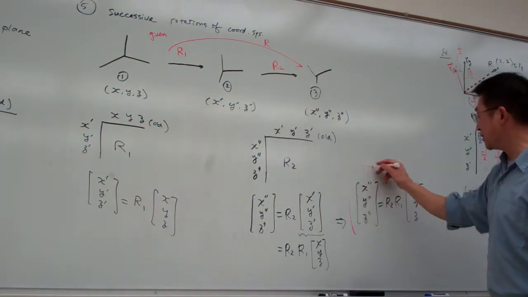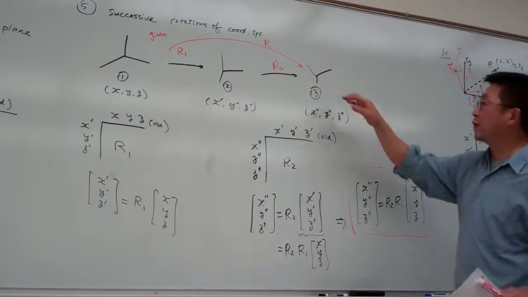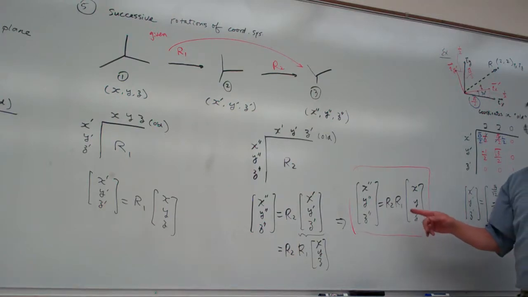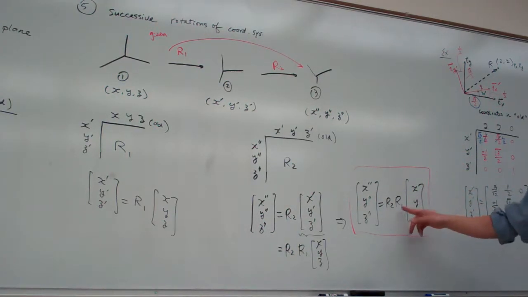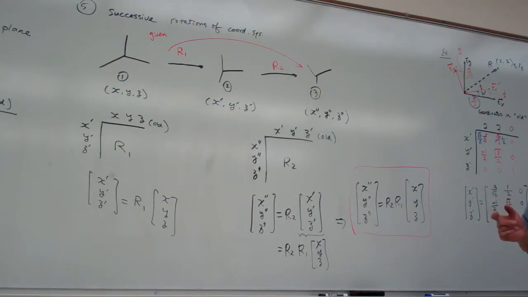Basically that is the information here. I don't want to write here to confuse, but that is the rule. So if you want to do two transformations, rotations, basically the rule is this, and R1, R2 are the corresponding rotation matrices.